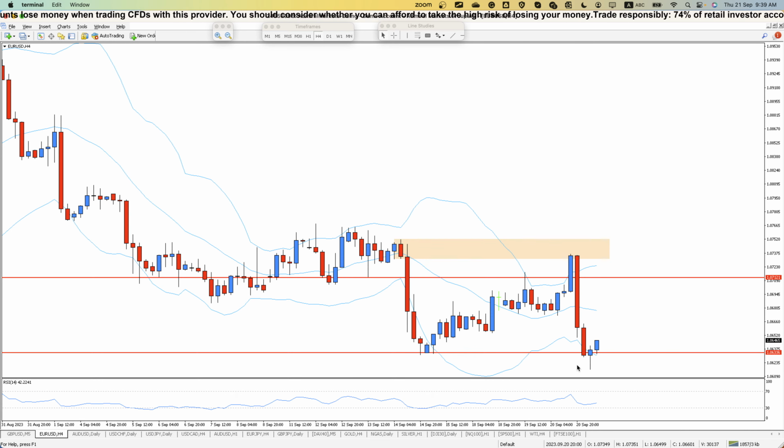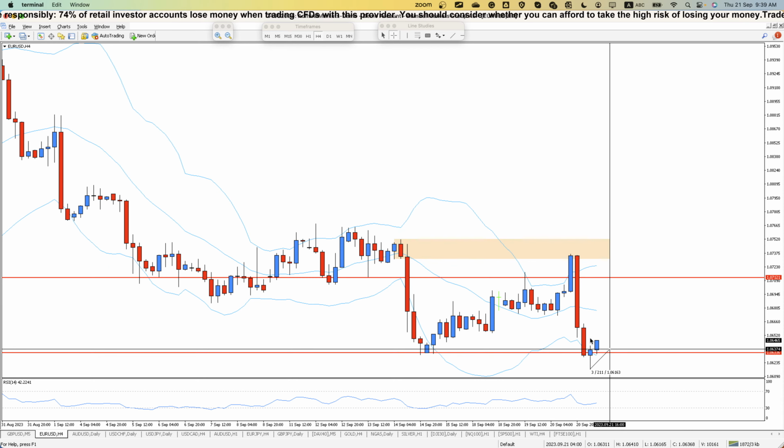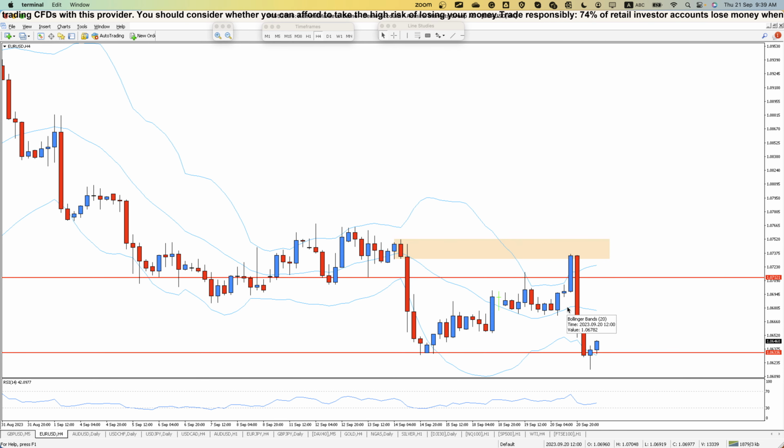That's a great stop loss for this currency pair, the euro US dollar. And having that in mind, we have room to go up to almost 3-1, to be honest.